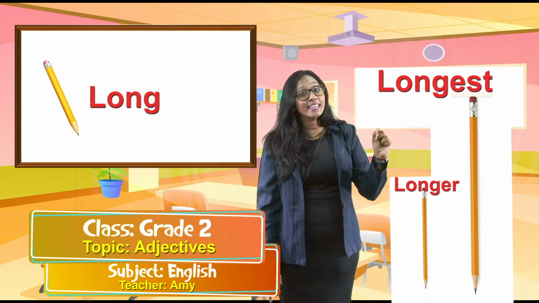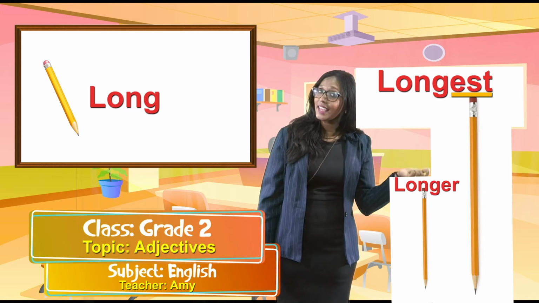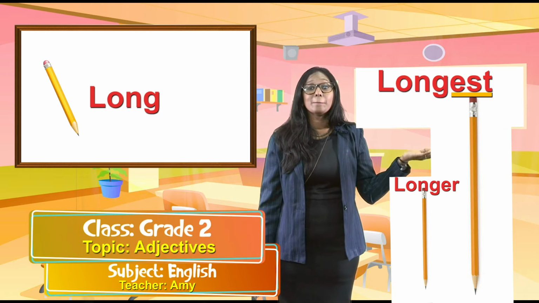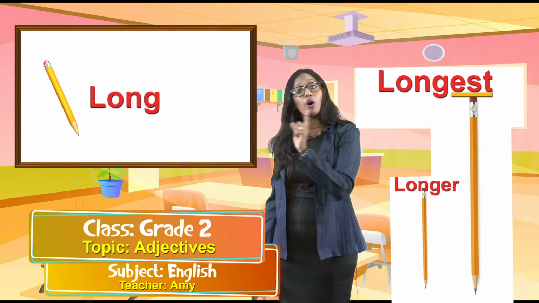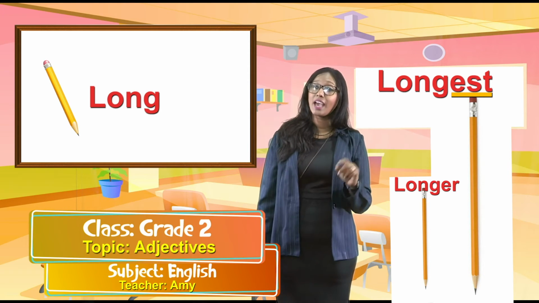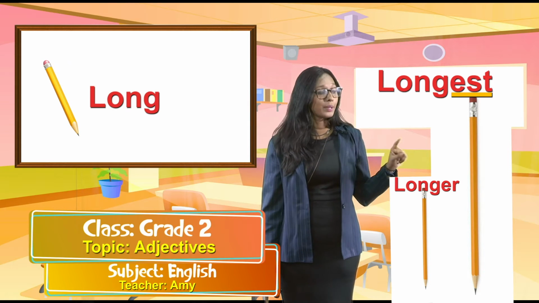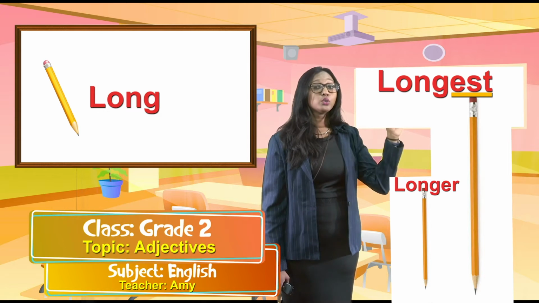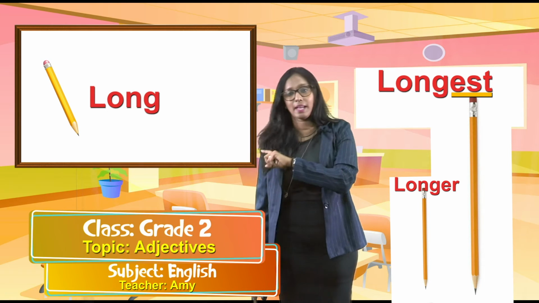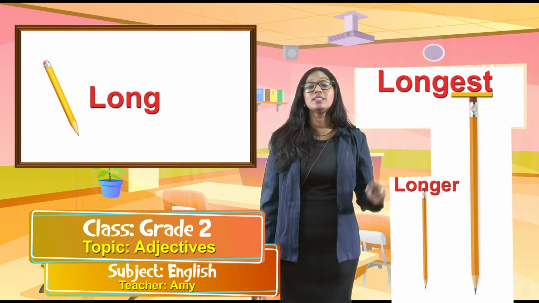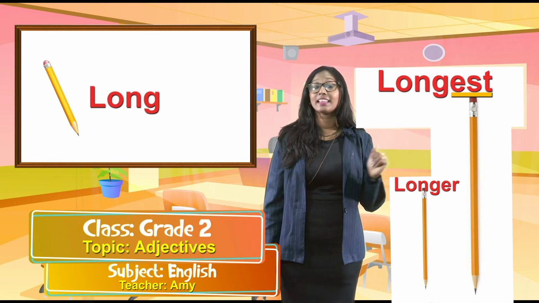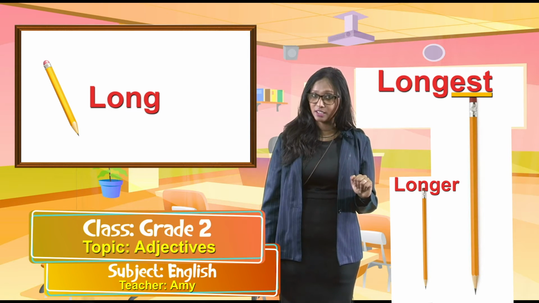So we use EST at the end of the adjective to compare the pencil to the other two. We have three objects right now. Because we are comparing this pencil to two other pencils, we use EST at the end of the adjective.